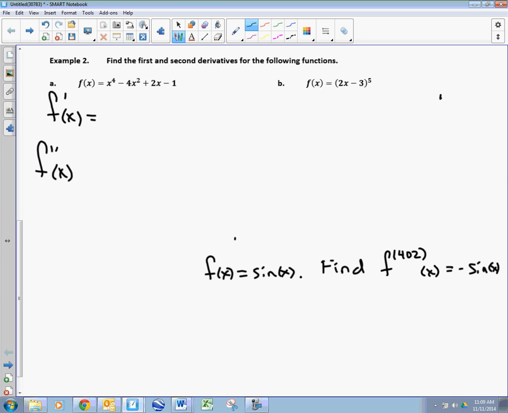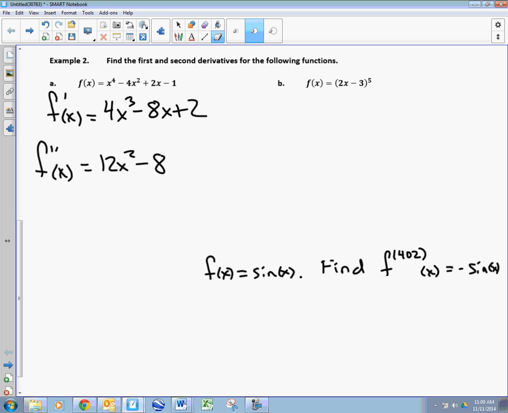What's f prime? Now to find f double prime, you simply take the derivative of the derivative, and you get? Good. That's it. Okay?